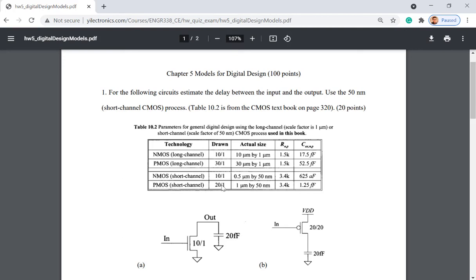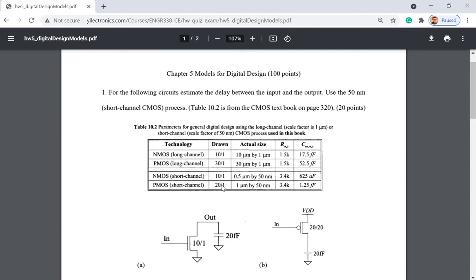Same width, right? But however, the one in the table is only 1. The one shown in B is 20. So it's longer. When it has the same width and is 20 times longer in length, then the resistance will be what? 20 times higher or lower?